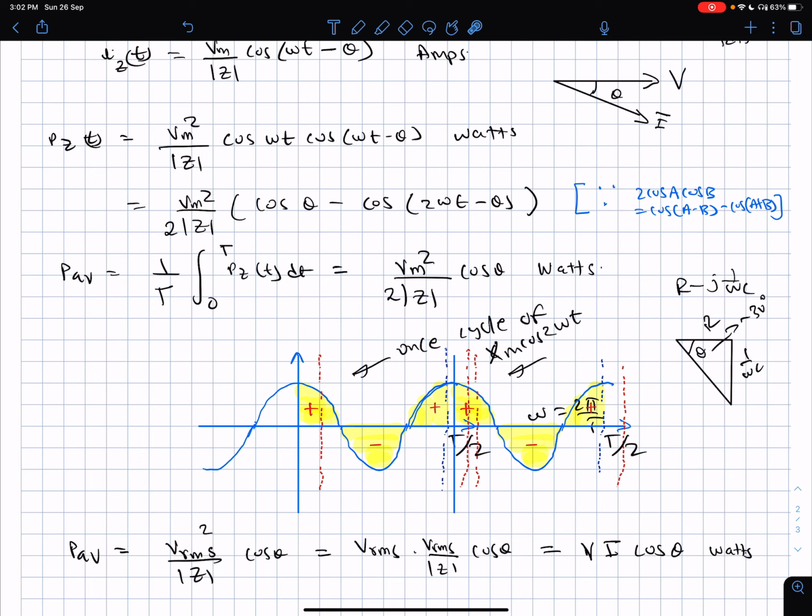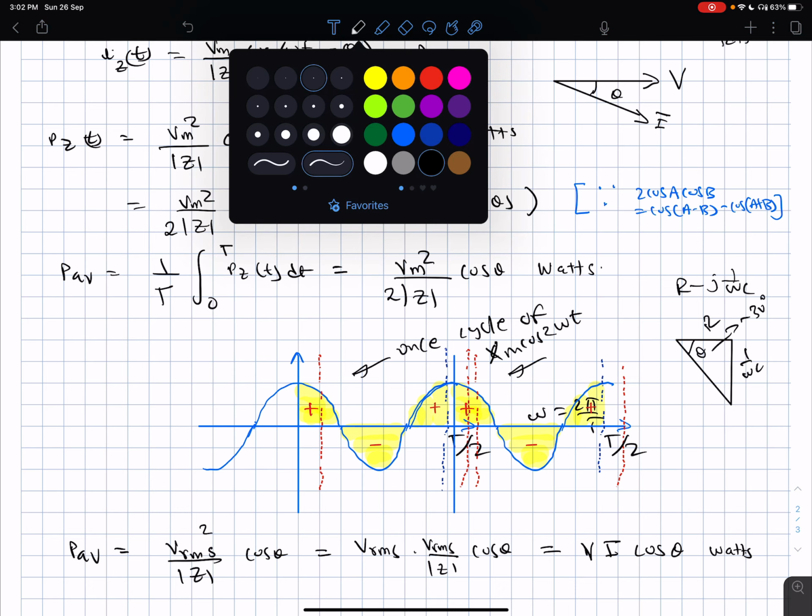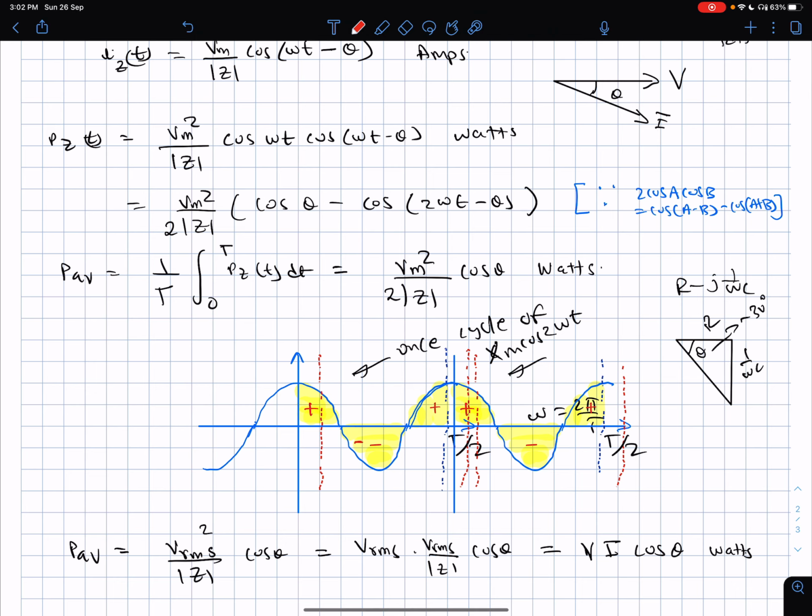If you just look at the first area, this plus accumulated area will cancel with this half of the accumulated area, then this minus area will cancel with this plus, and again this minus by symmetry will cancel with the next plus. You get four pluses, four minuses, each representing an equal number, so the net sum is going to be 0.